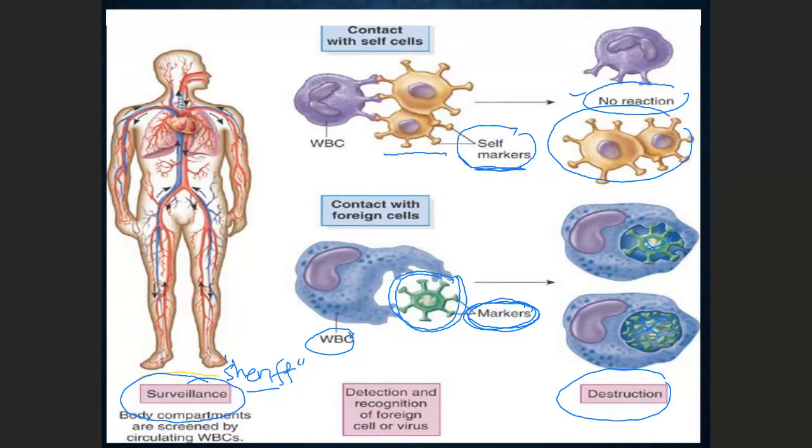So the cell will be able to recognize this foreigner, and finally they will destroy it. And if we're unable to destroy these foreigners, then we have the disease, and sometimes we have to take medicines or drugs from outside in order to destroy this foreigner or disease, the pathogens.